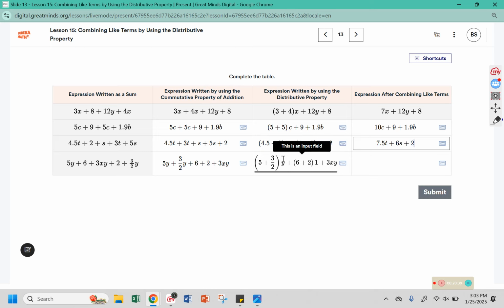And then there's a 2. 5 plus 3 over 2, you can really think of that as 1.5. So that makes 6.5 y's. 6 plus 2 is 8 ones. And 3 xy pieces.